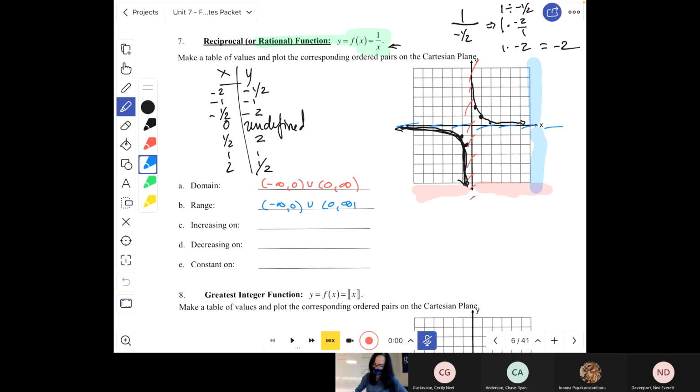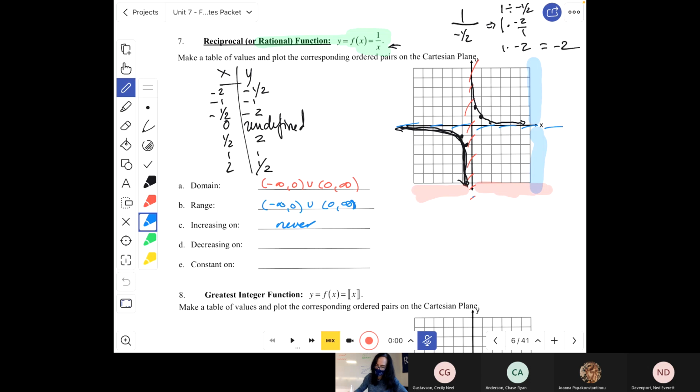Now, where is this function increasing, if ever? It is never increasing. The y values, as we read the graph left to right, are never getting larger. Larger in the negative direction to the left of the y-axis, but not larger in value.